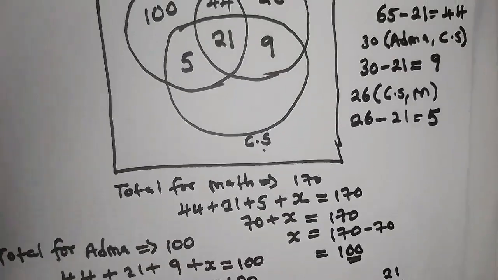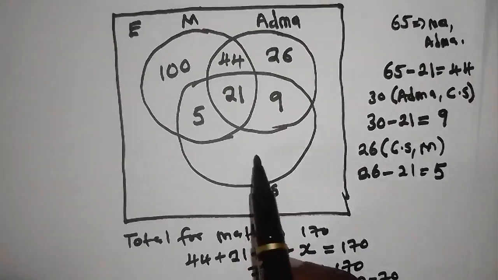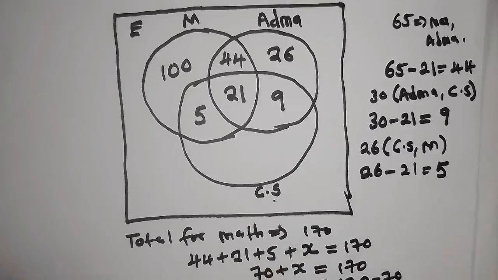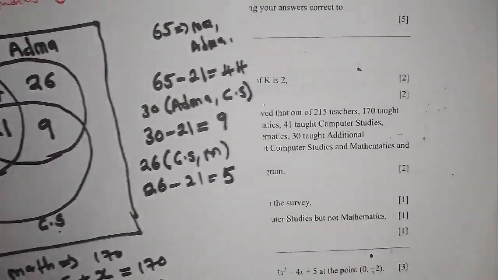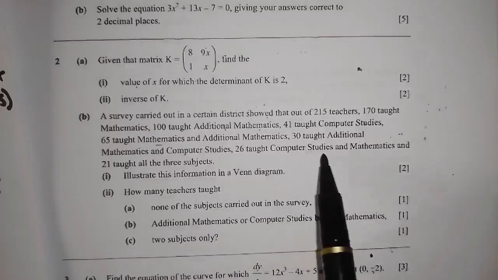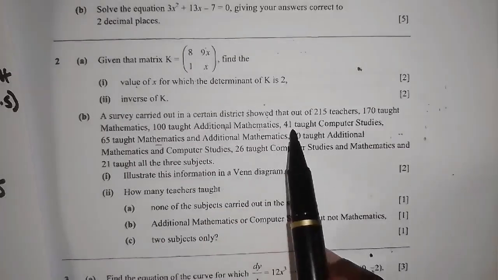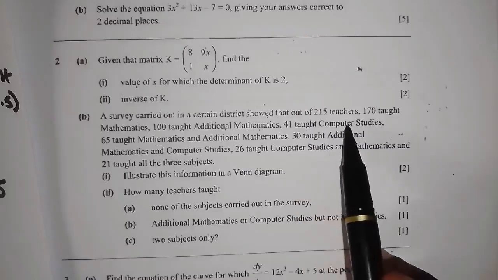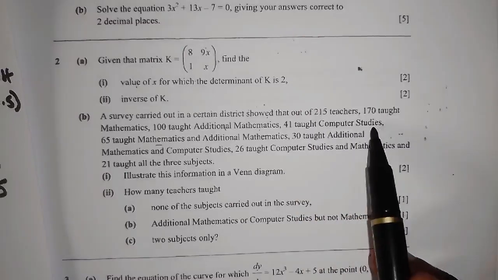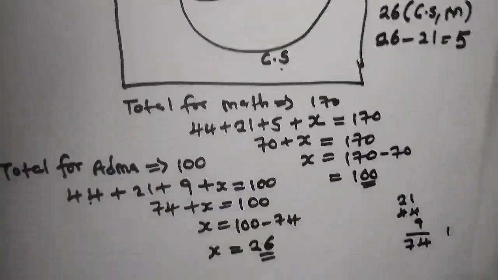And then the second thing, the information that you have to fill in is now this part. Okay, for computer studies. So let's read the information now. So it's saying, okay, and 41 taught computer studies. Okay, so how many for computer studies?